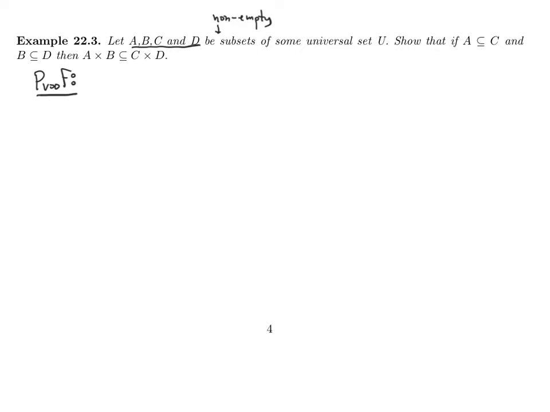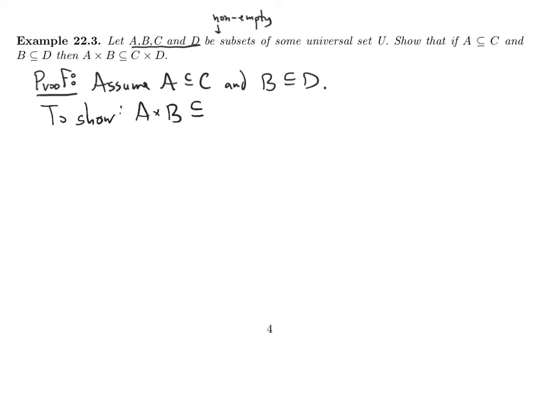So let's assume that A is a subset of C and B is a subset of D. So I know all elements of A are elements of C and all elements of B are elements of D. Okay, great. So now we want to show that the Cartesian product A cross B is a subset of C cross D.